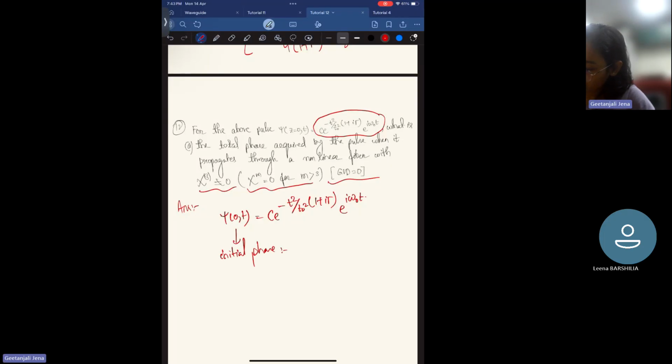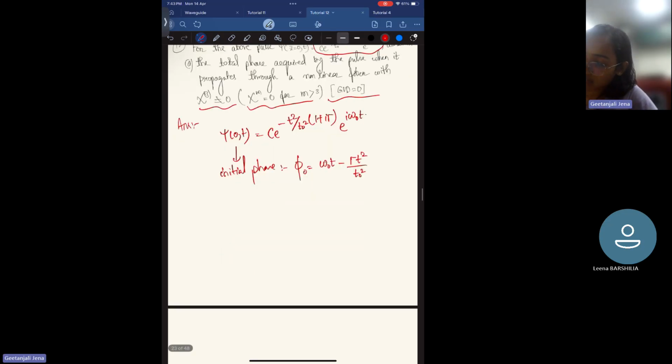So what is the initial phase? Initial phase is nothing but the imaginary part of the exponential. So the imaginary part is omega 0t minus gamma t square by t0 square. Right? So this is the initial phase that we have.